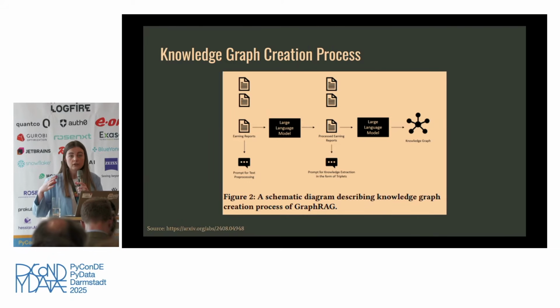And they used a large language model first to clean your text, your raw unstructured data. And then they had a second step using this cleaner data to extract these triplets and then to store them in the knowledge graph.